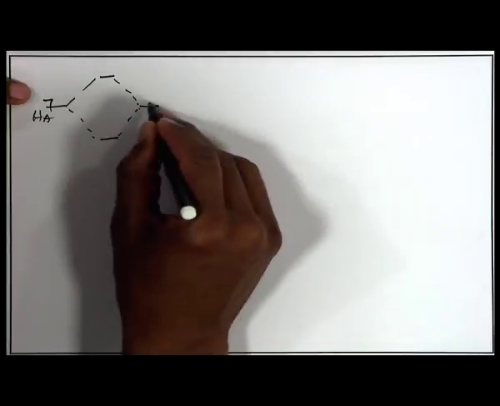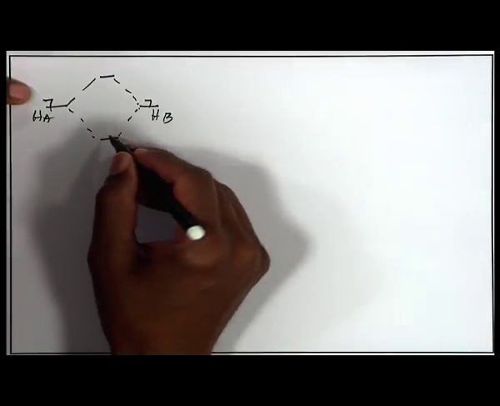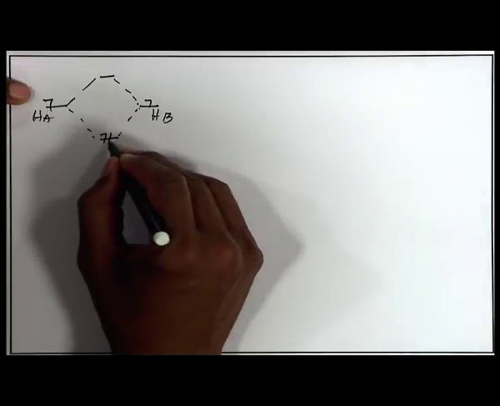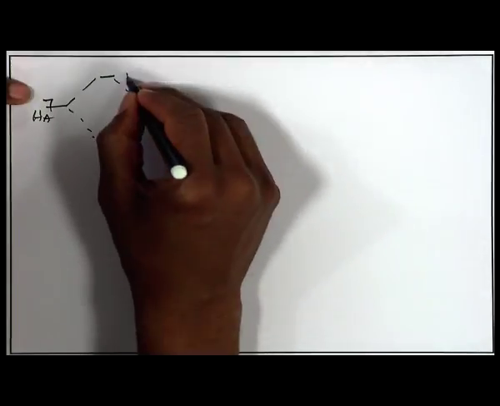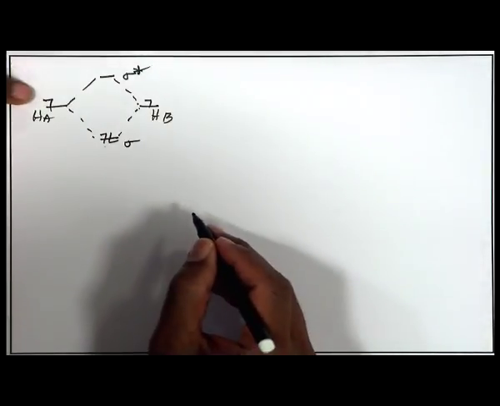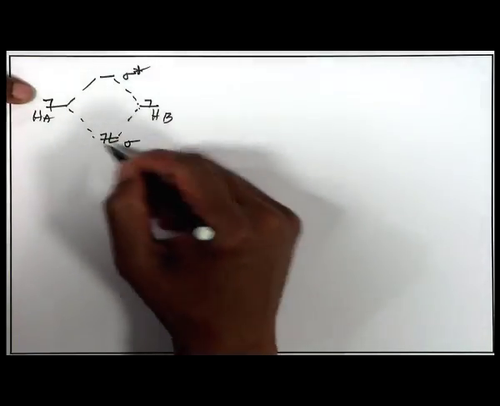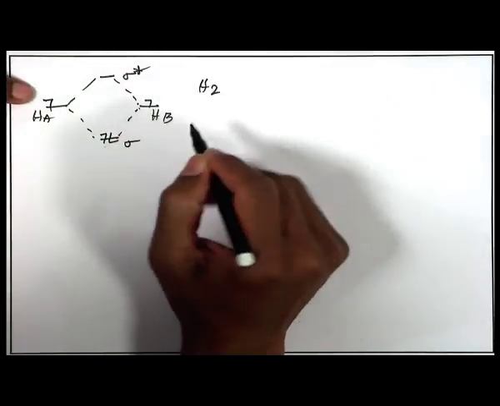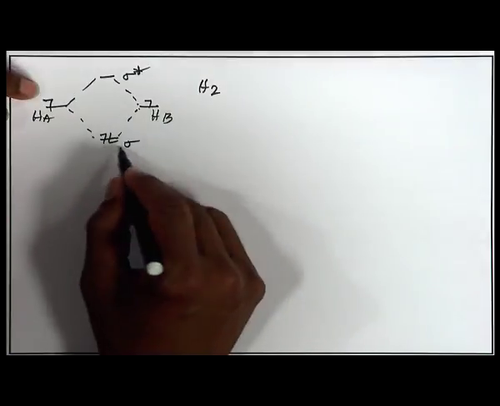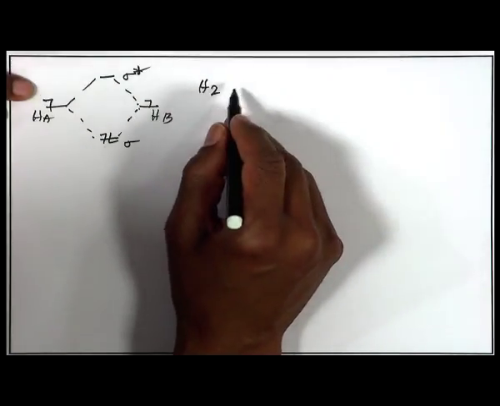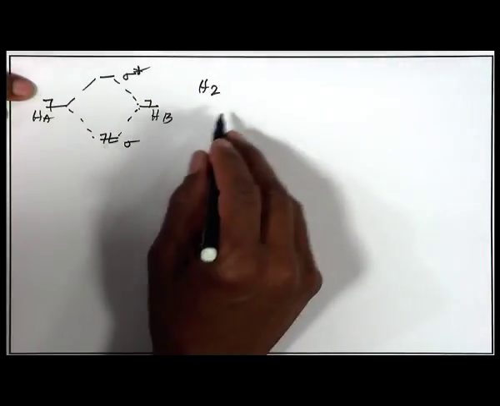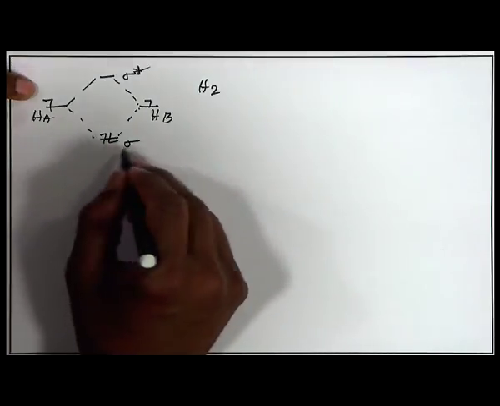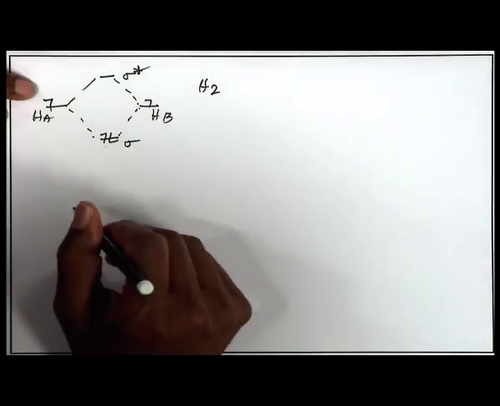Each has one electron. Both electrons go to the lower energy sigma orbital. This is the sigma star orbital. Now, we can talk about the stability of the hydrogen molecule. We know that it is very stable. How? Because there is a pair of electrons between the two hydrogen atoms. That pair of electrons is located in the sigma orbital.